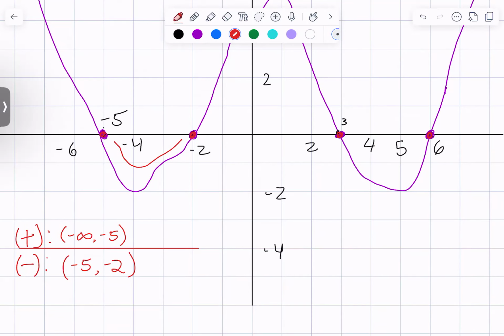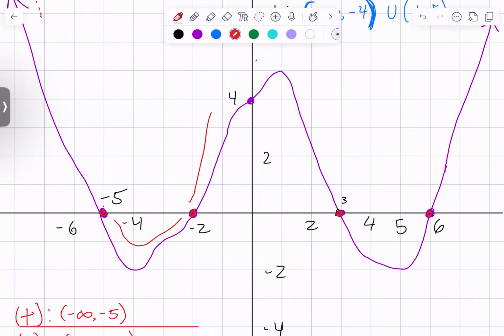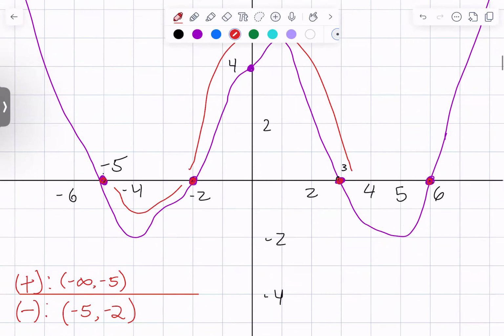So that's the case. From -2, positive, positive, positive, to 3, we're positive. So -2 to 3, we are positive. We're negative from 3 to 6.